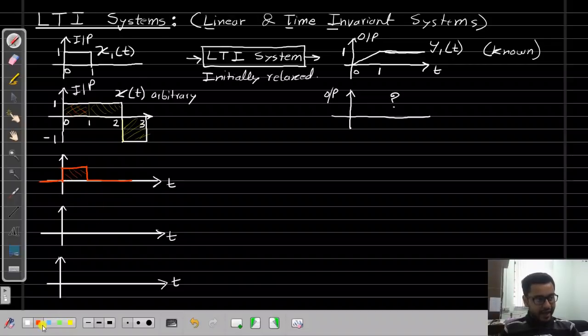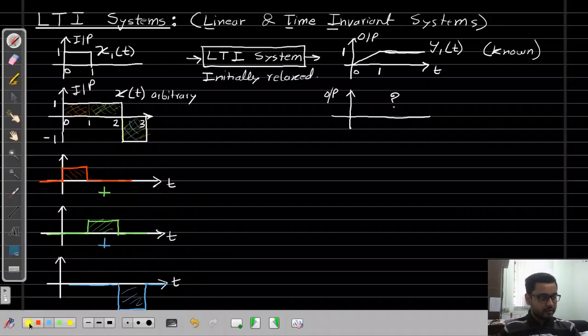Then I shall add another part which looks like this. It is this part. Then 0, 0, plus the third part which will be like this. This is this part.